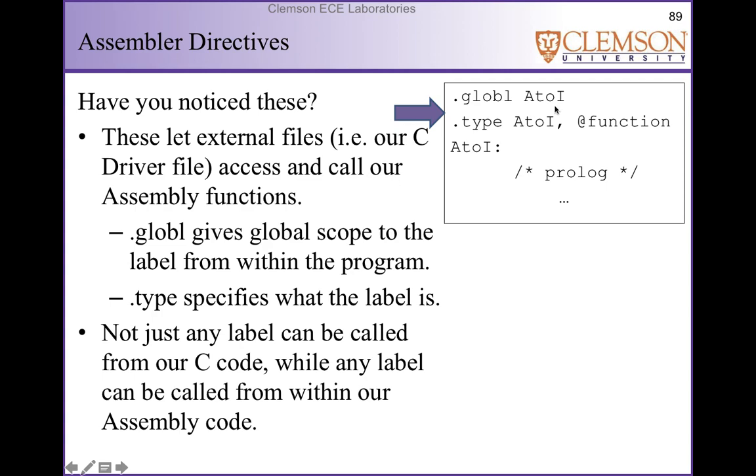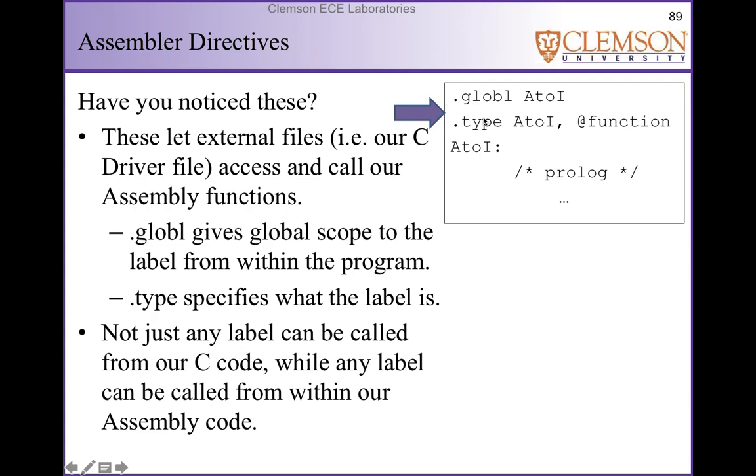Now, a comment about this .global A to I. I think this was your first lab assignment. You had a .global A to I, and then a .type A to I, @function, and then the label A to I, and then the prologue. So .global is saying it's a global function. There are 3 different types that you can write, like @object or @no_object, I believe.